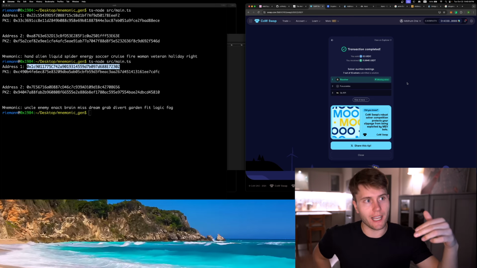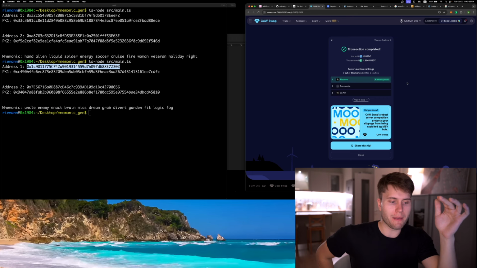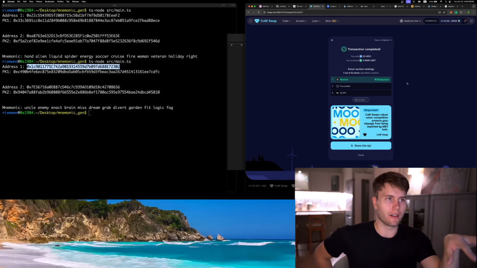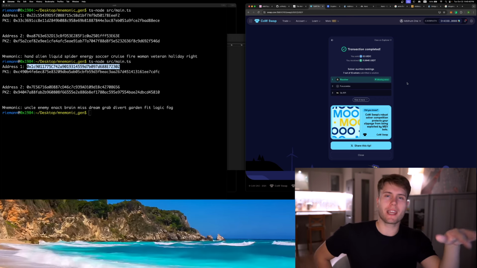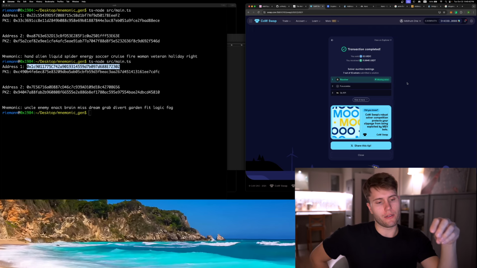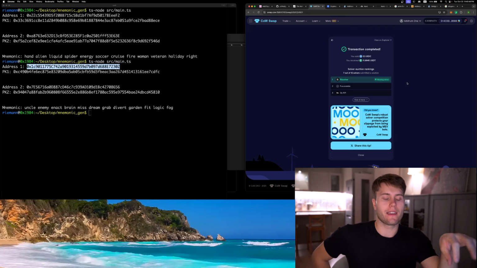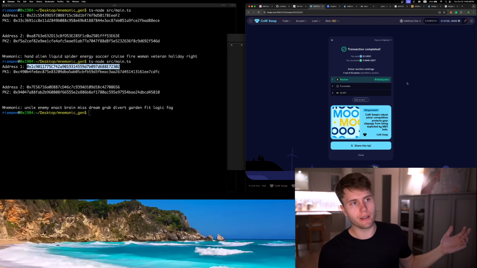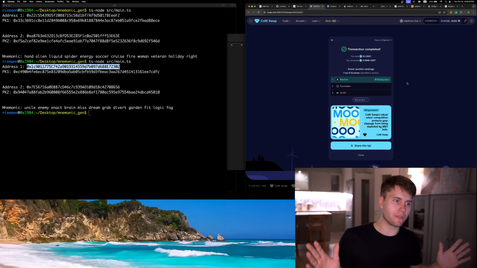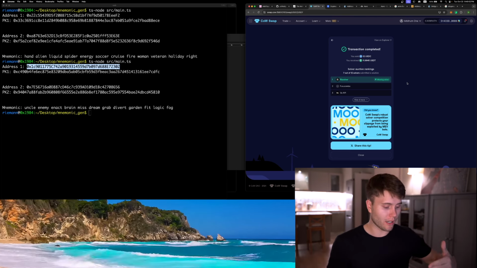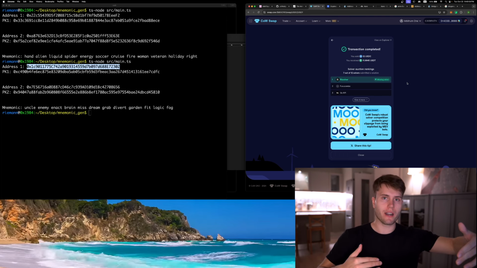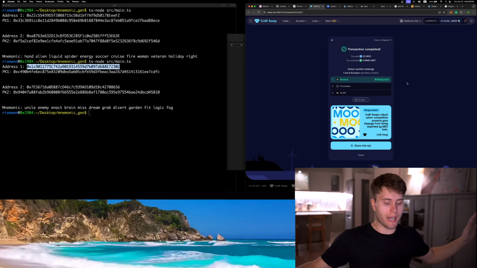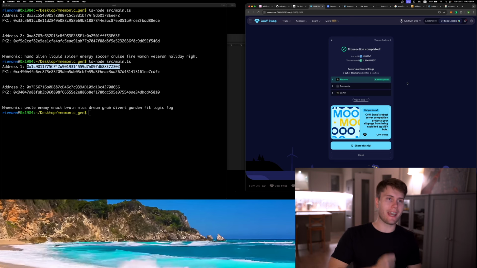For example, on Arbitrum, I don't think it's a public mempool, meaning people can't see the transaction I submitted before it's included in the block. But on Ethereum, the mempool is public. So when I say I want to buy Ethereum for some price, everyone is aware of that before that order is actually executed.